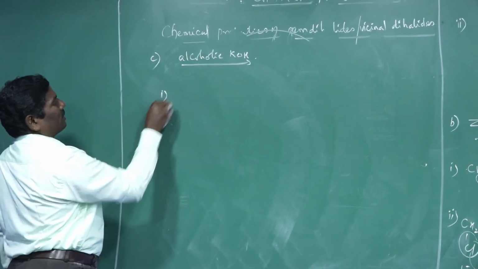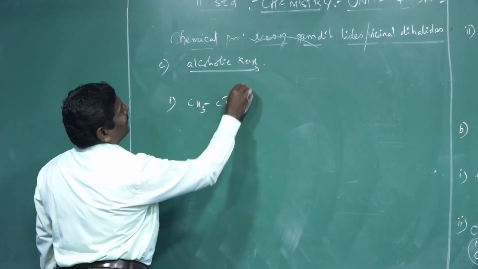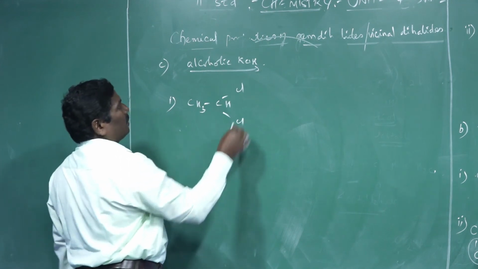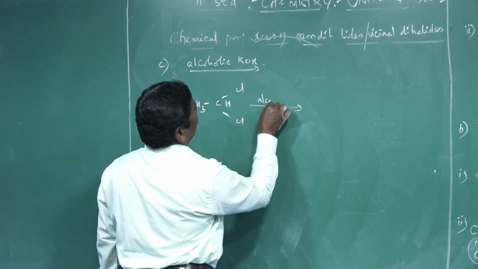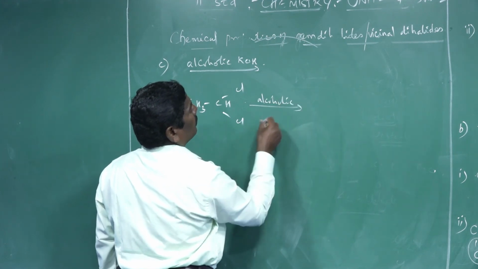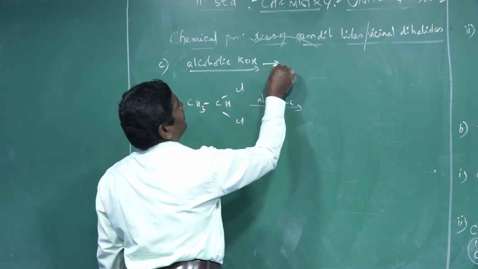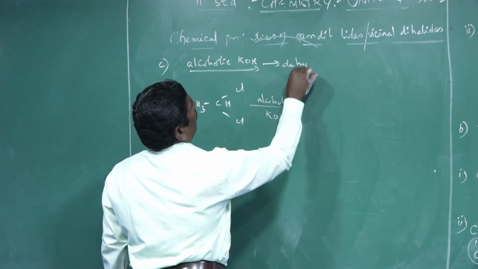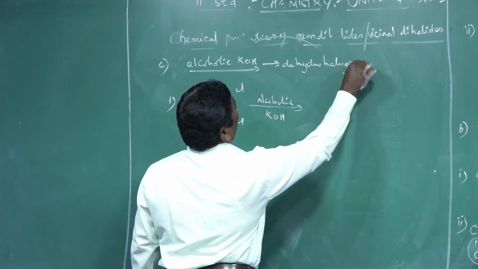Now the first reaction, I am going to give for this CH3CHCl2 in presence of alcoholic KOH. This reaction is otherwise known as dehydrohalogenation.